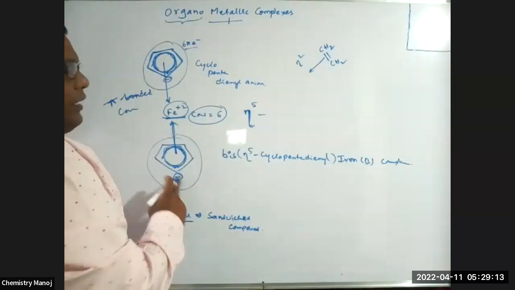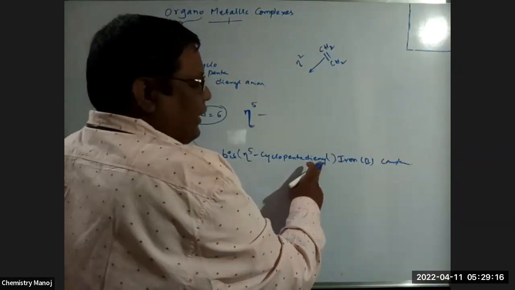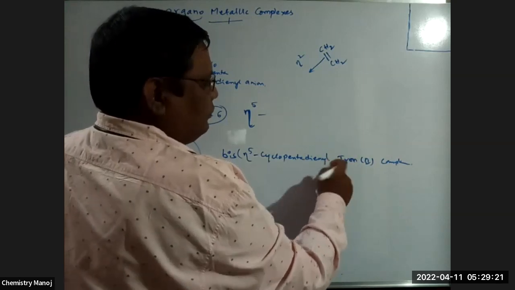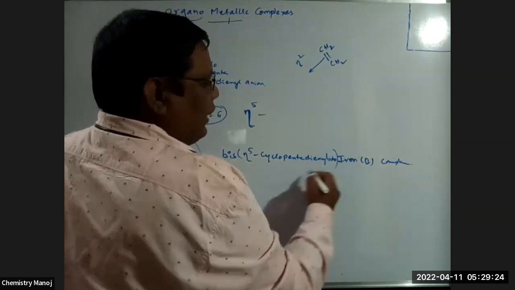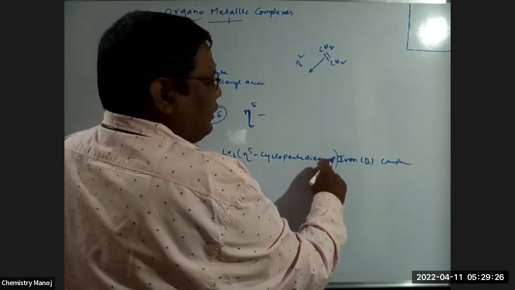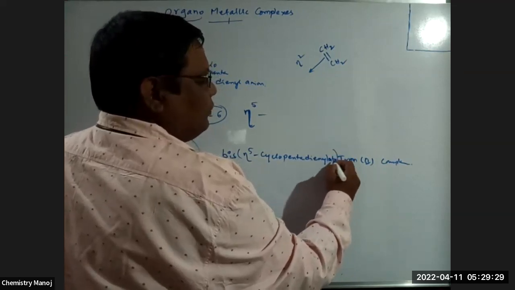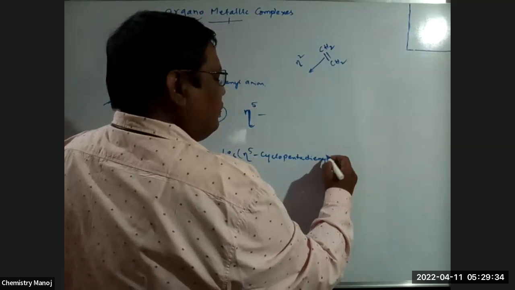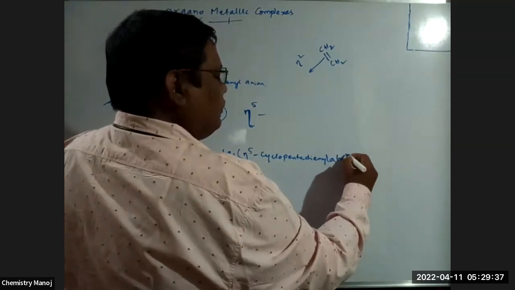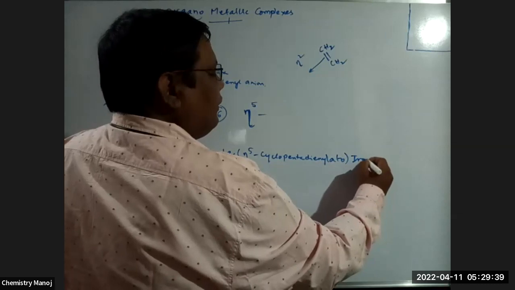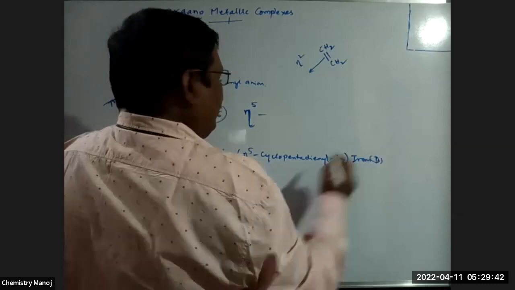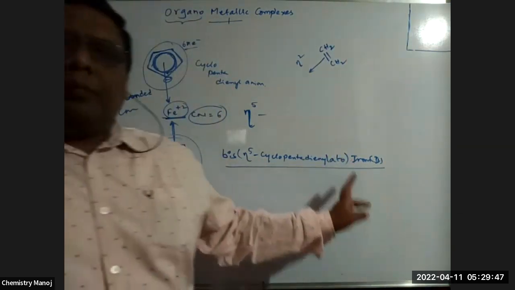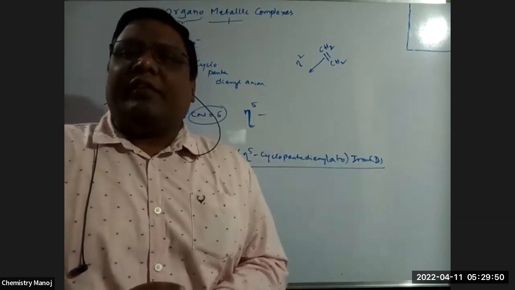That is why here also, it is a negative ligand, so cyclopentadienylato. Iron 2. It is the name of this compound. Clear? Negative ligand names end with O.